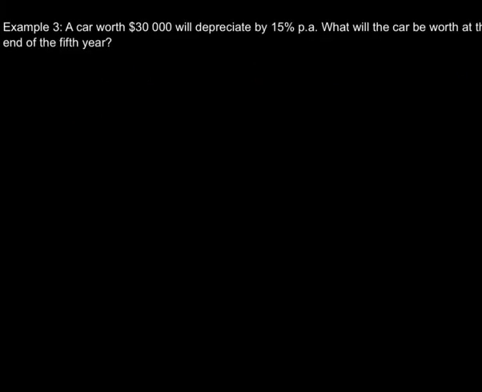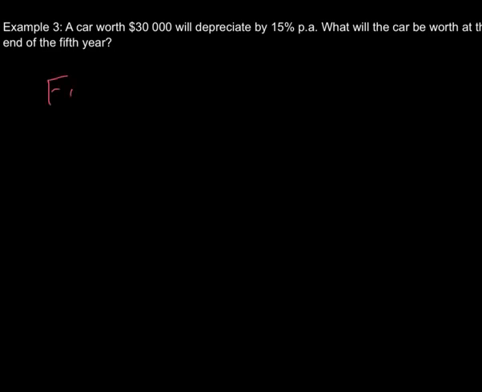Okay, looking at example number 3. A car worth $30,000 will depreciate by 15% per annum. What will the car be worth at the end of the 5th year? Now, the depreciation formula is very similar to the compound interest formula.